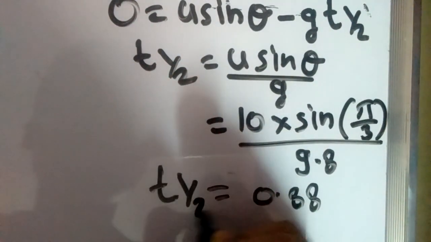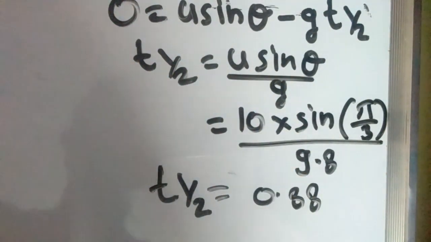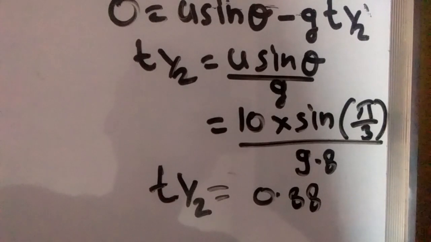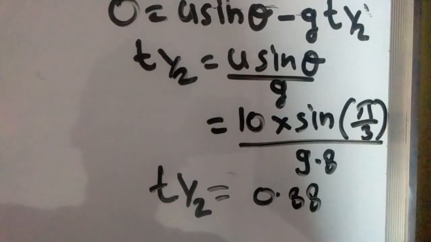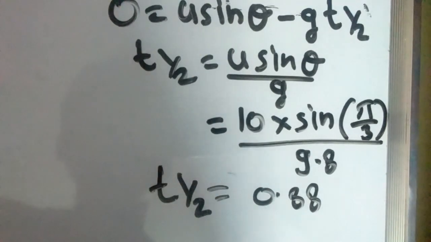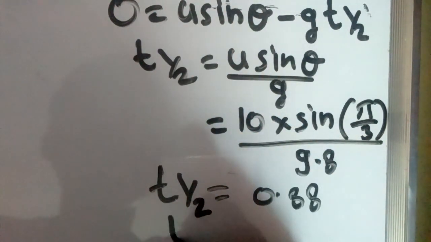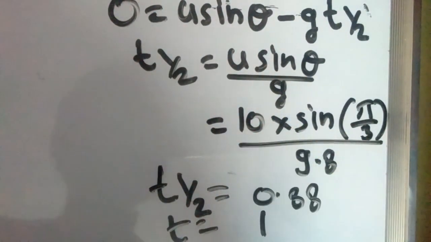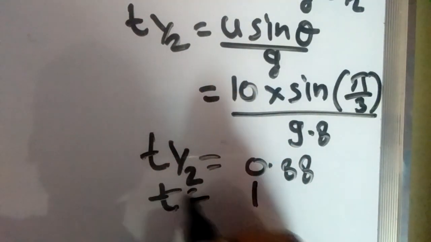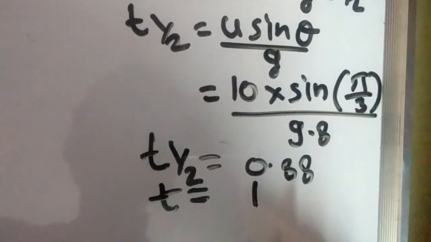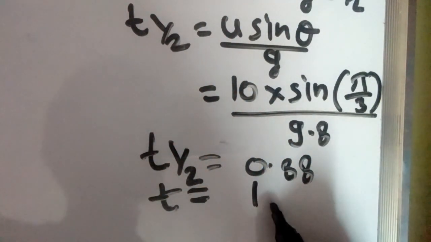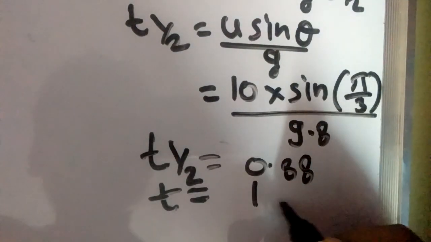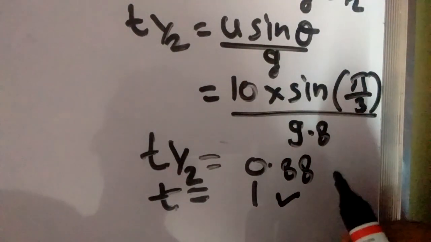This is t half. Now in the question it is mentioned that t equal to 1 second, and t half is 0.88. Which is greater, 0.88 or 1? 1 is the greater number.